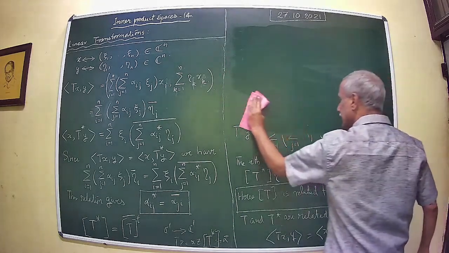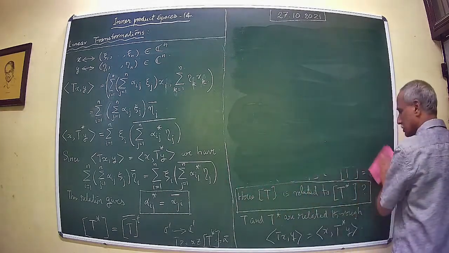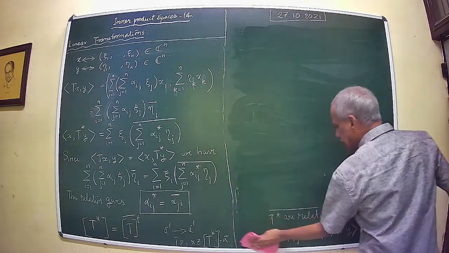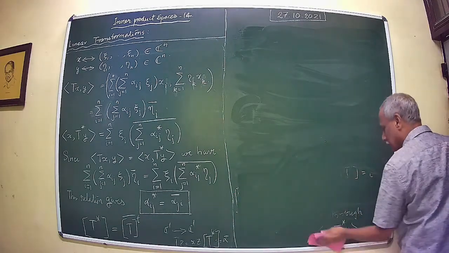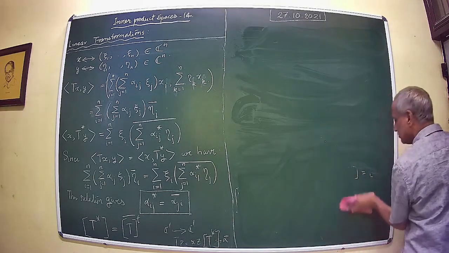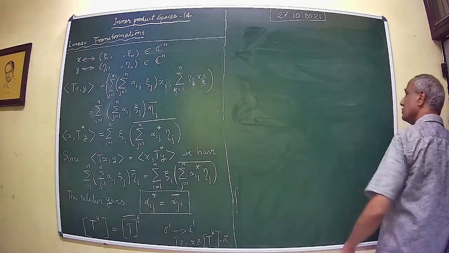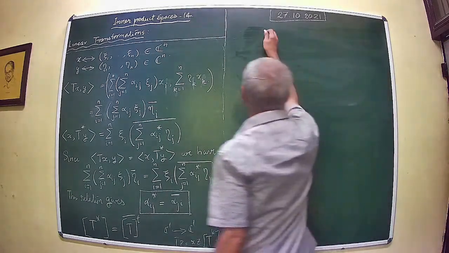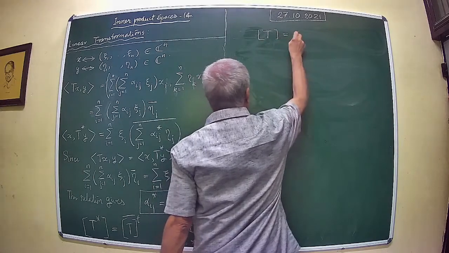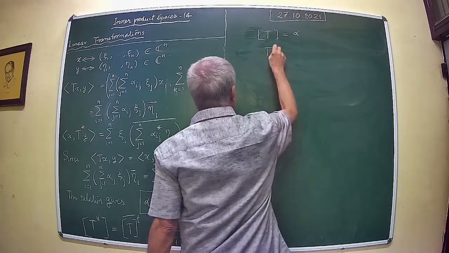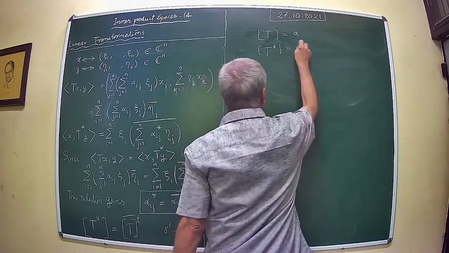If T is represented by alpha, then T star is represented by its complex conjugate. That's the relationship that you have. Here there is no transposition visible. So if T is represented by alpha, then T star is represented by alpha conjugate.